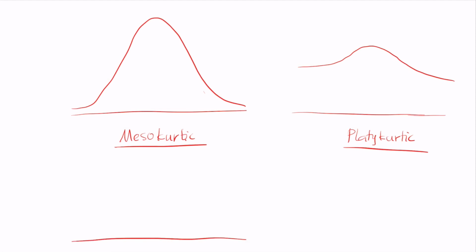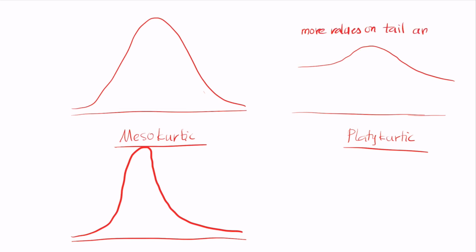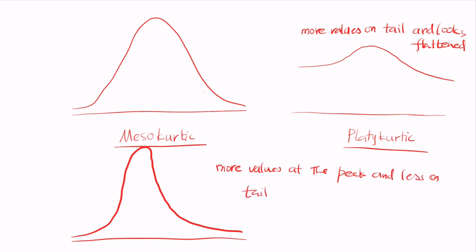The other case is if there are excessive values at the mean and it's too peaked. Here there are more values on the tail and it looks flattened. Here there are more values at the peak and fewer on the tail, so it looks tall or peaked.